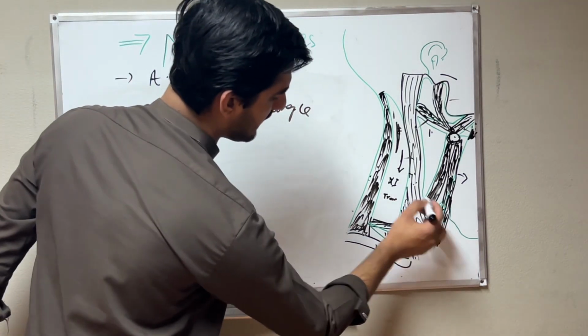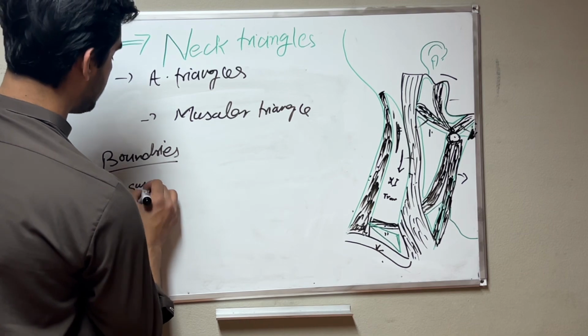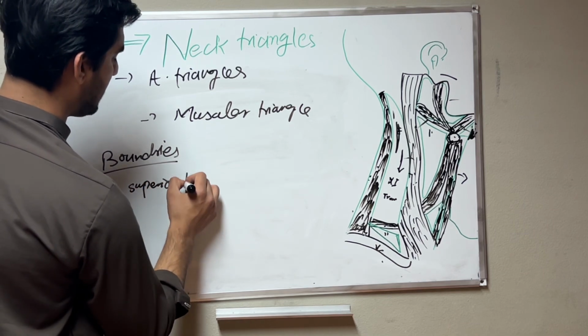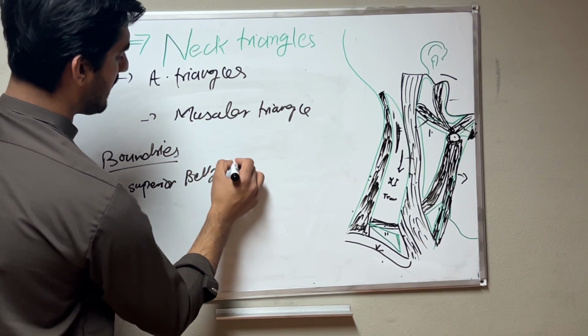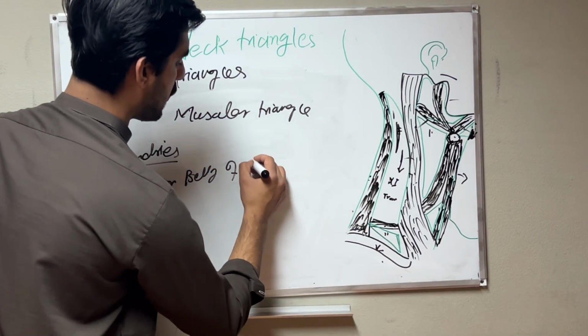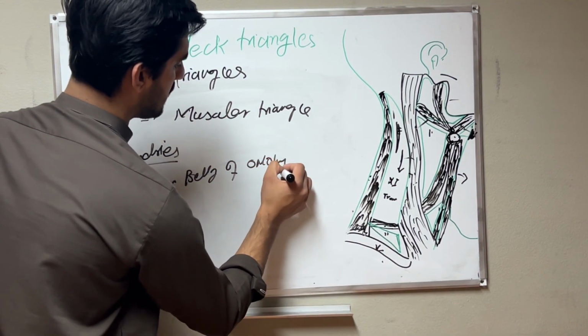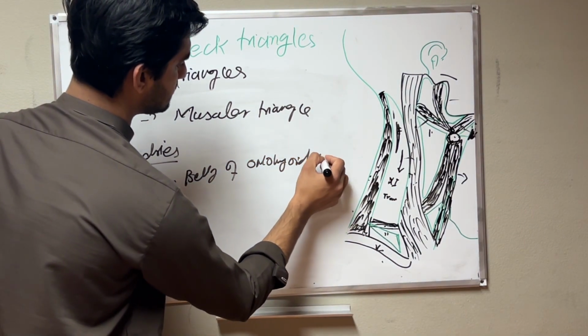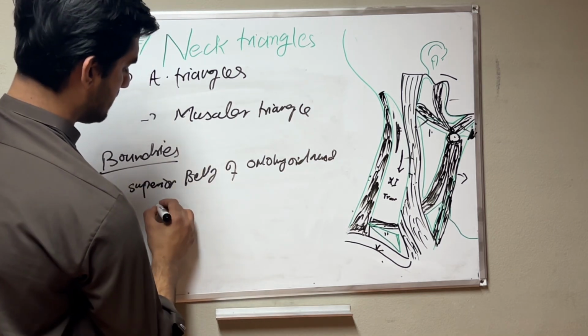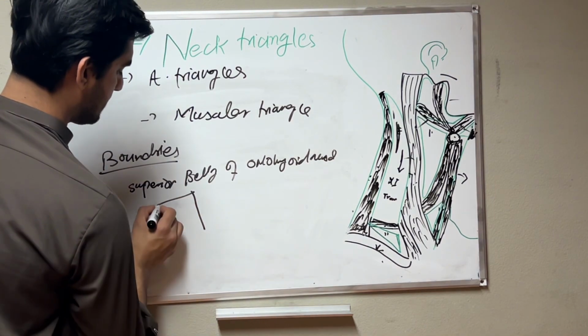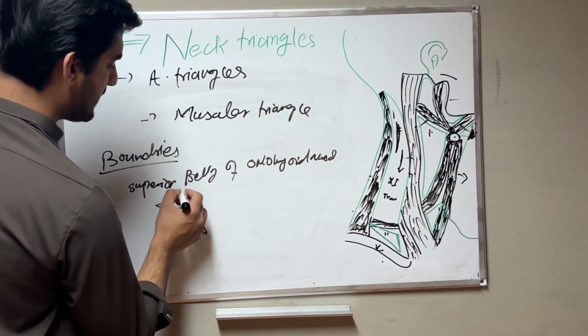The first boundary is the superior belly of the omohyoid muscle.